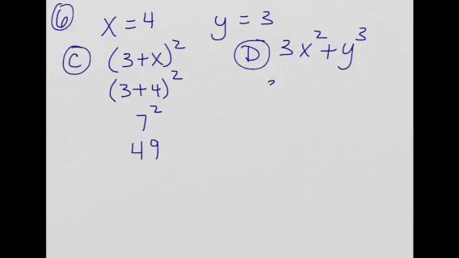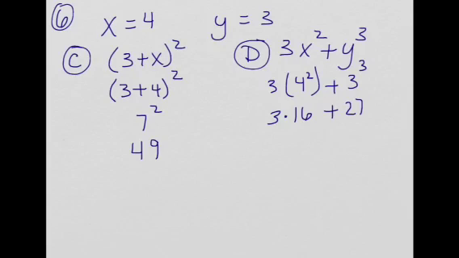The next one, 3 times 4 squared. Notice that there's no parentheses around the 3x, so the exponent only affects the 4, plus negative 3 cubed. So we're going to do 3 times 16 plus 27, which is 3 times 3 times 3.